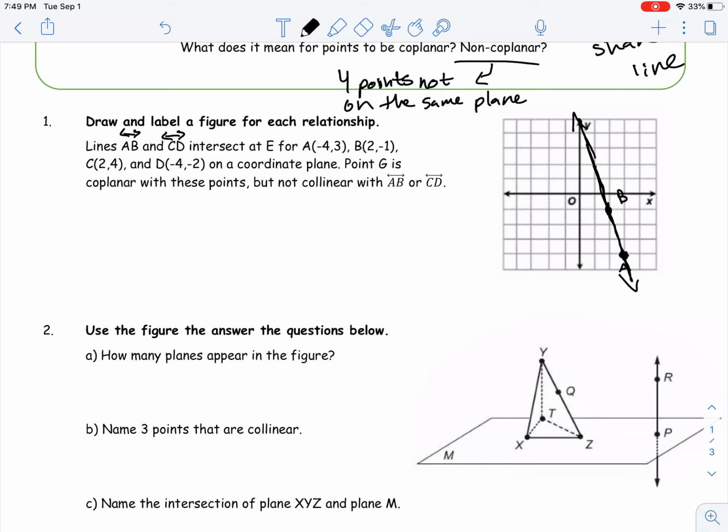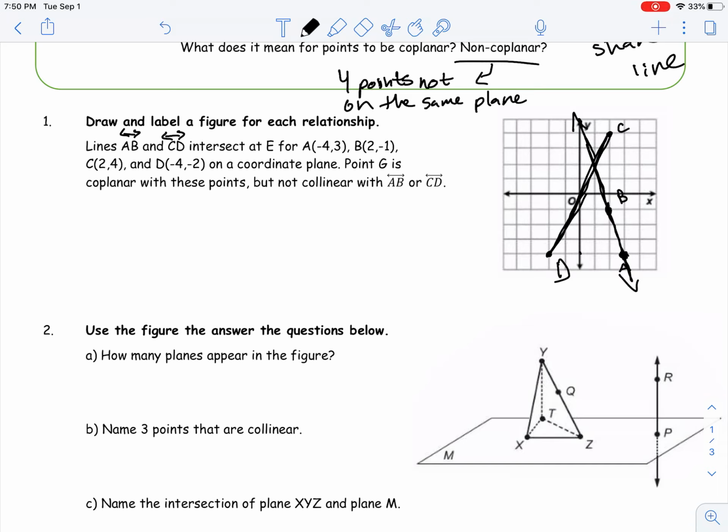It intersects at E, but C is 2, 4. 1, 2, 1, 2, 3, 4. That's C. And D is -4, -2. That's D. Okay, I'm going to cross these. Something like that.